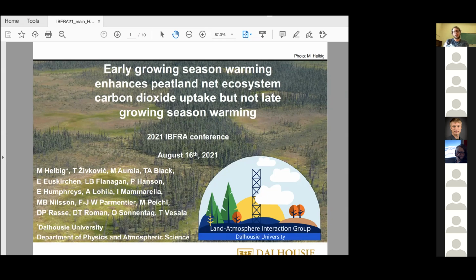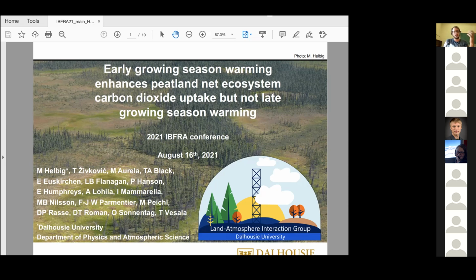I would like to start with one of the reasons why we talk a lot about peatlands in the boreal biome: they really are long-term net CO2 sinks. Every year they take up a little bit of carbon and put it down into the peat column and accumulate it there. But what is really important is that there's a seasonality to that flux.